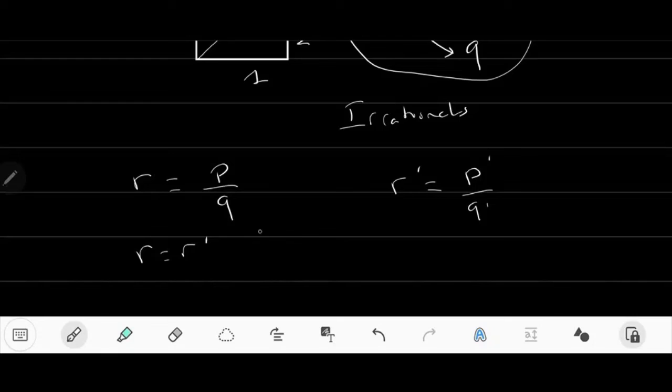So it means that pq' is equal to qp'. It's the same ratio but different numbers. So of course the fraction p' over q' is equal to p over q multiplied by a given number at the numerator and the denominator.